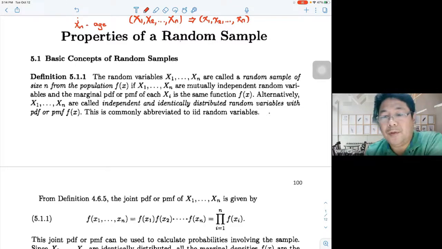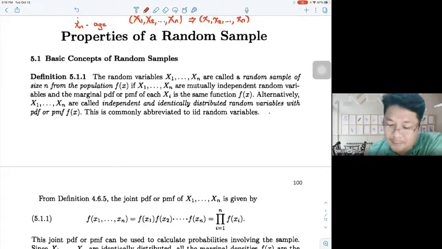So if we look at the definition here, it's actually obtaining multivariate data using the first way, in which the random variables X sub 1 up to X sub n are mutually independent random variables, and the marginal PDF or PMF of each X sub i is the same function f of x.